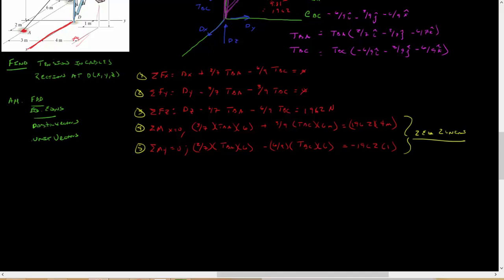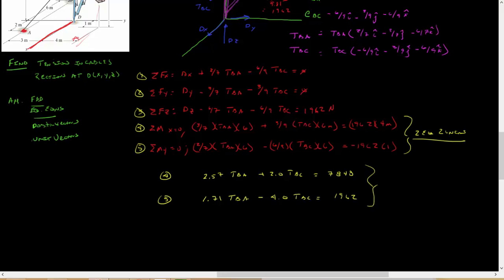So I would have 2.57 TBA plus 2.0 TBC is equal to 7848. So that's going to be equation 4. And equation 5, I come up with 1.71, doing all my mathematics there in those equations, minus 4.0 TBC is equal to 1962.